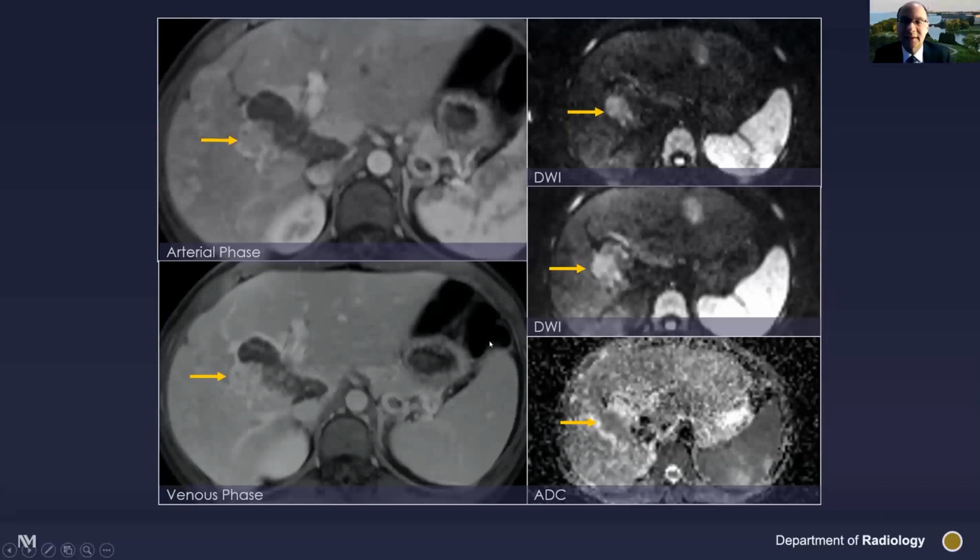So it might require retreatment. But I also thought the diffusion was interesting because now we look at the diffusion, we can see there's a lesion that's bright on diffusion, dark on ADC. And when you look at this MR, even though it's a good quality MR, it was very subtle to see. So I thought the diffusion, even in the non-treated lesions, can be very helpful.